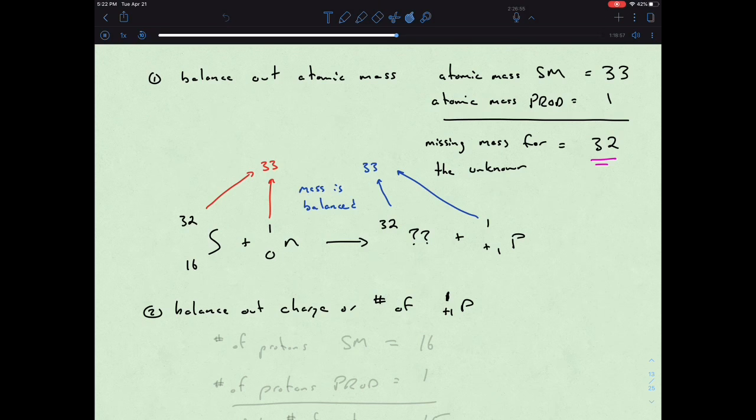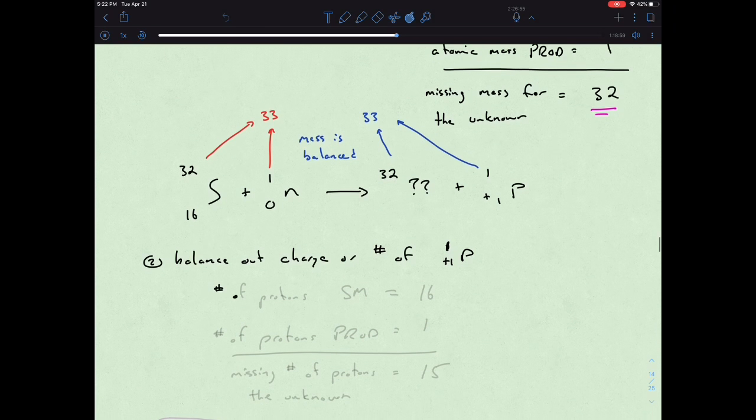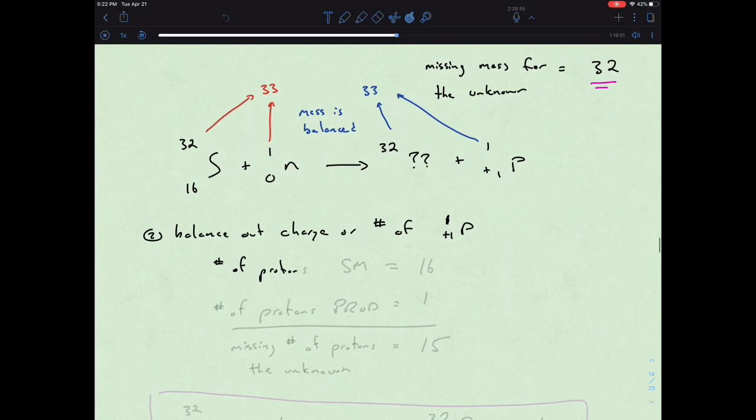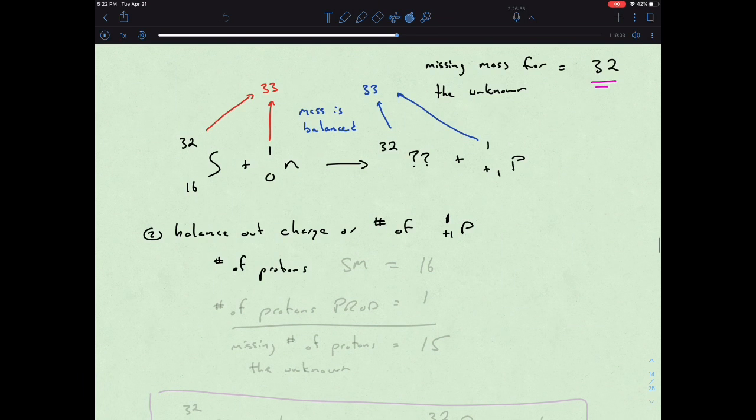As far as our number of protons on our starting material side, we have a total of 16. The number of protons on our product side is only equal to 1.